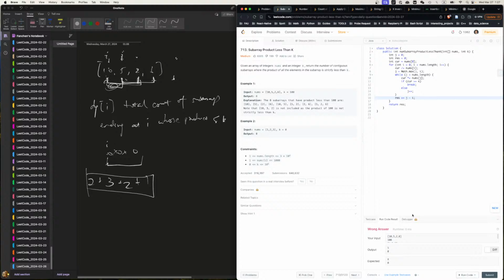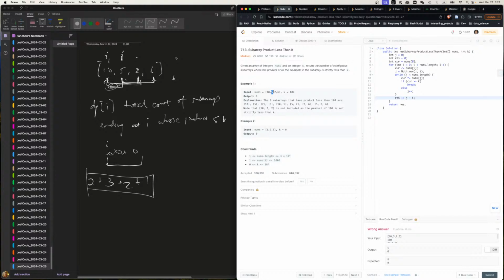So J is pointing to here. So J minus 0, so we have 3. Okay. But J is pointing here, and I go to the next one. Right, I go to the next one. Okay, I go to here.